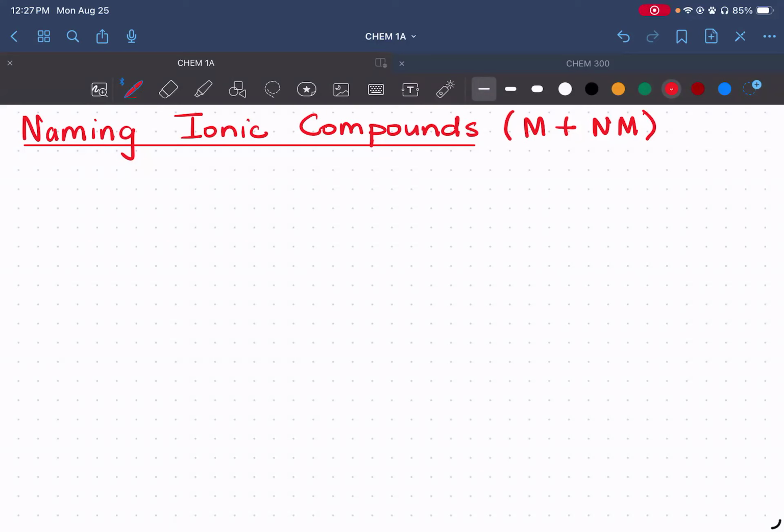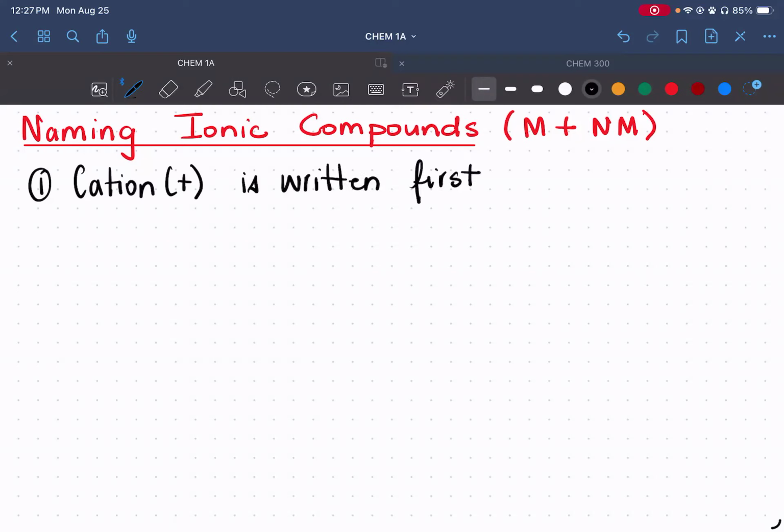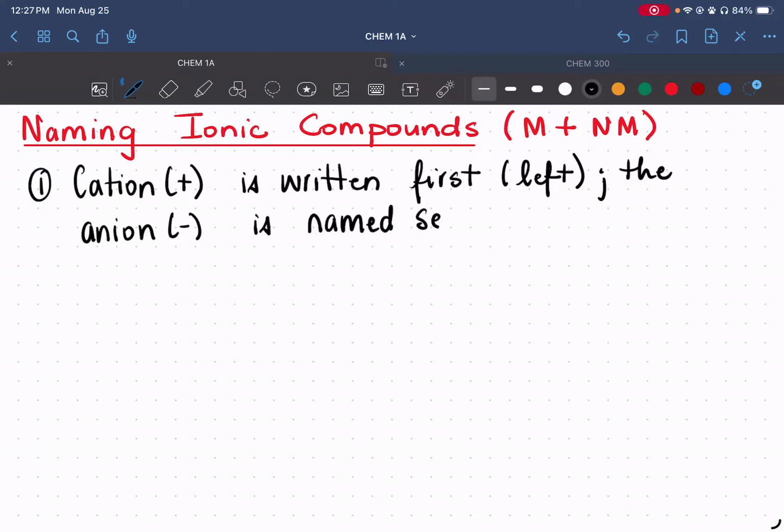Okay. The rule is number 1, or rather the steps are number 1, the cation, aka the positive ion, is written first, aka on the left. The anion, the negative ion, is named second, aka on the right.